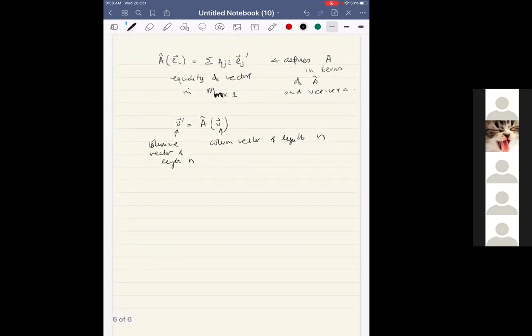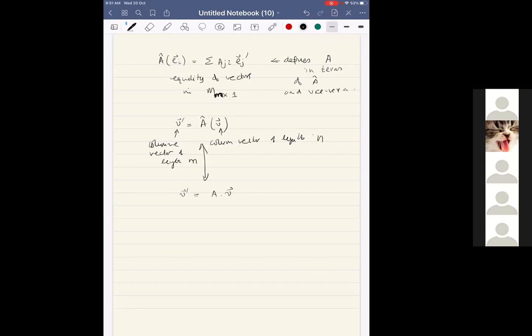This corresponds, in matrix language, to v prime equal to A v. Sir, it should be of length m, the vector v prime, on the right, no? No, this should be length n on the left. Yes, thank you. Length n.